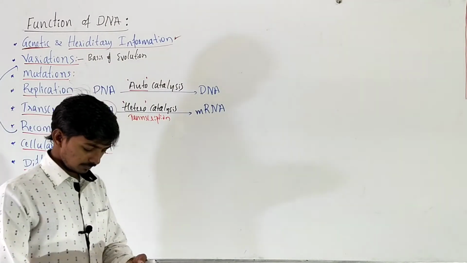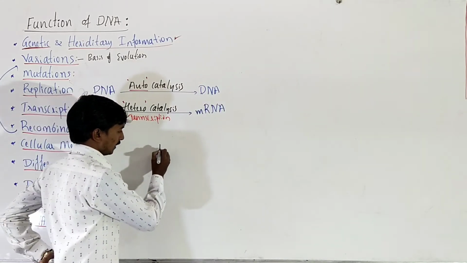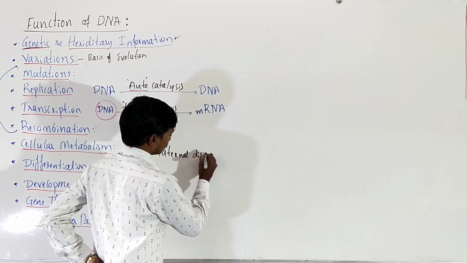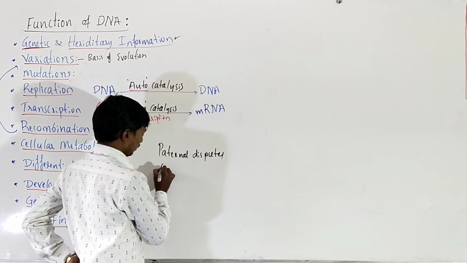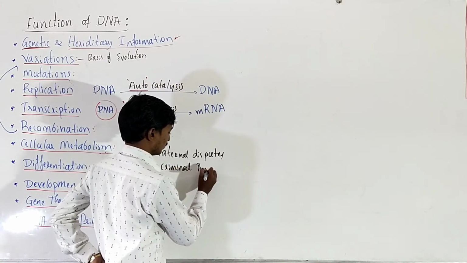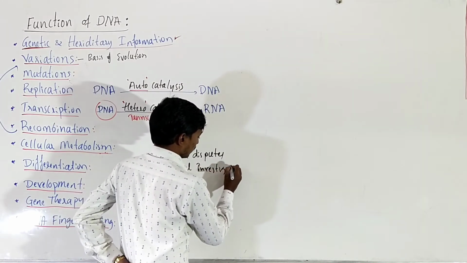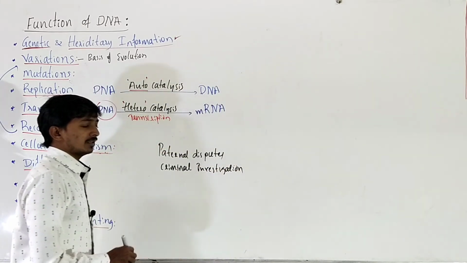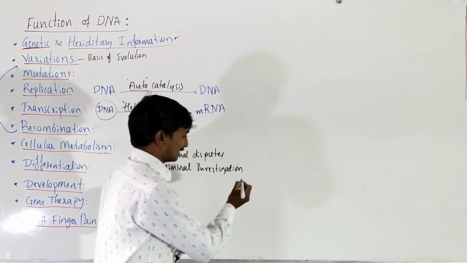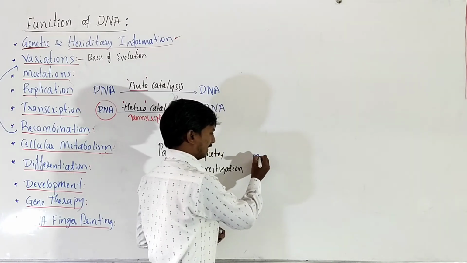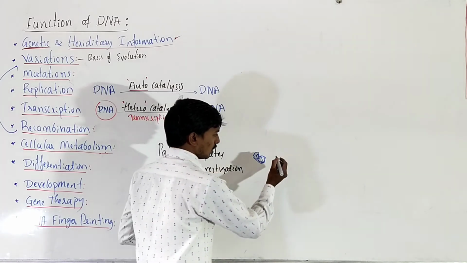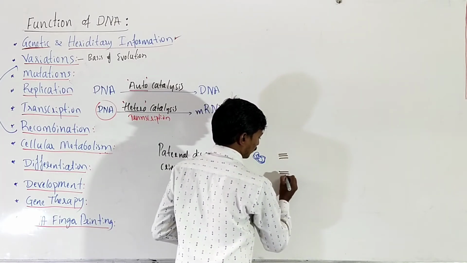Means if there is any dispute like paternal disputes, or any criminal investigation, for example, if there is any murder, there is a sample of blood from that dead person. So using that sample, they will draw some patterns of DNA.